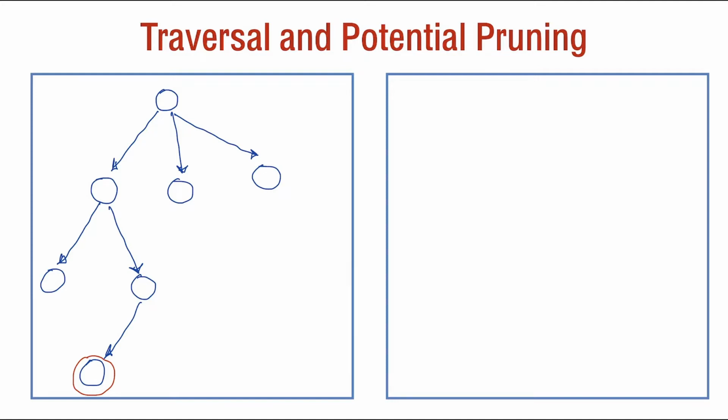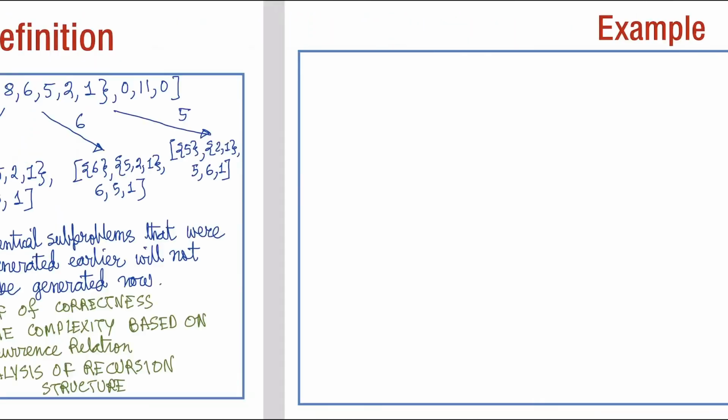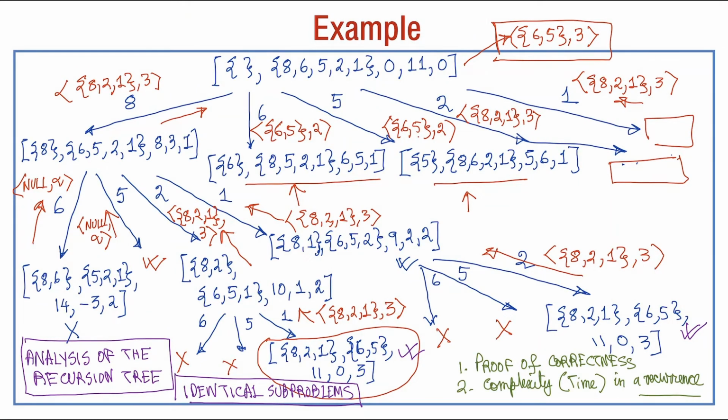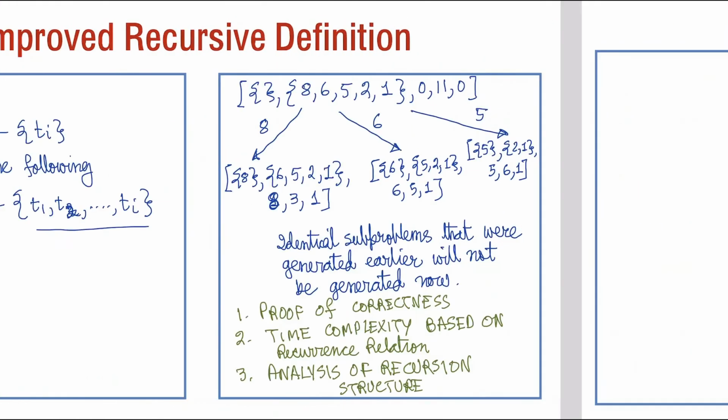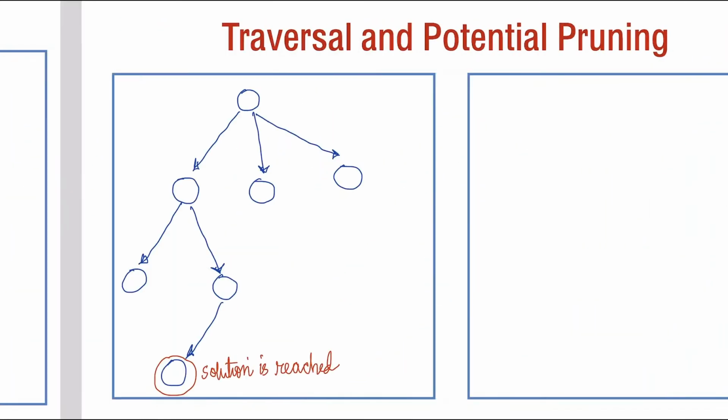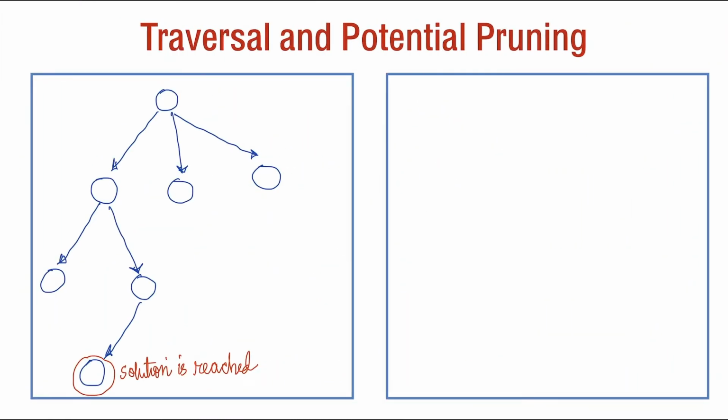So a goal node is reached, a terminal node is reached, and a solution is reached. For example, here in this case we reached a solution of cost 3, and we will reach various solutions at various places. So let a solution cost equal x.